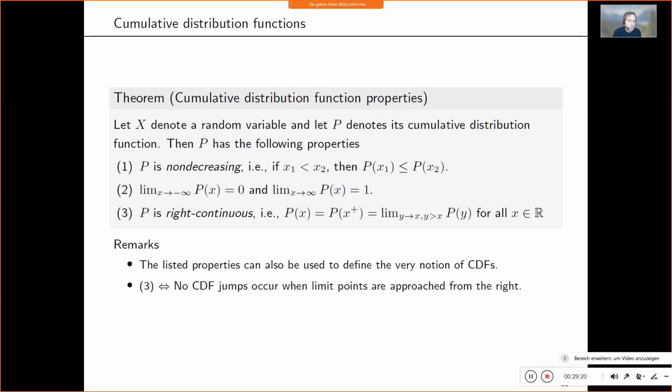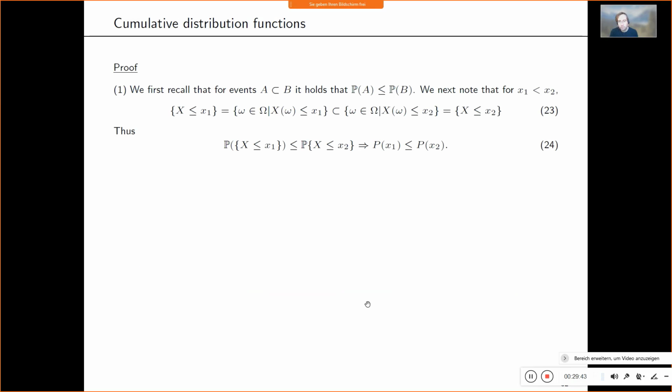If you have the CDF of a discrete random variable, there will be jumps and instances of non-continuity, but they will only happen if you go from left to right and not if you go from right to left, based on the definition as the probability for the random variable to take on values equal to or smaller than x.